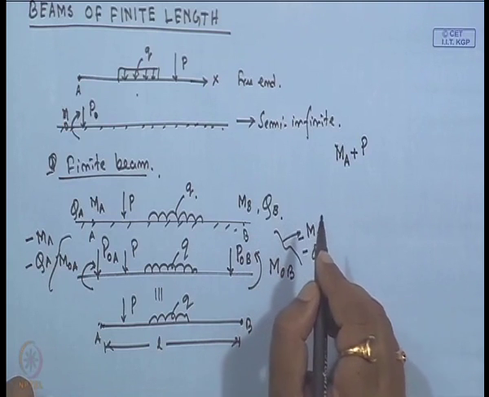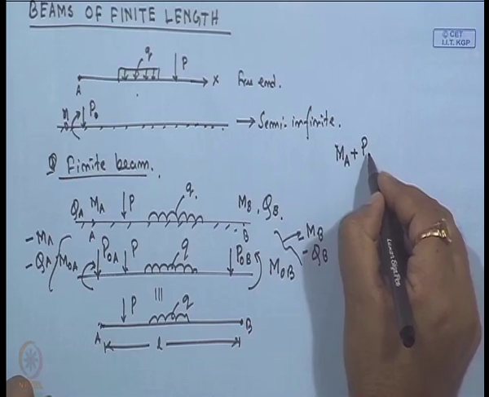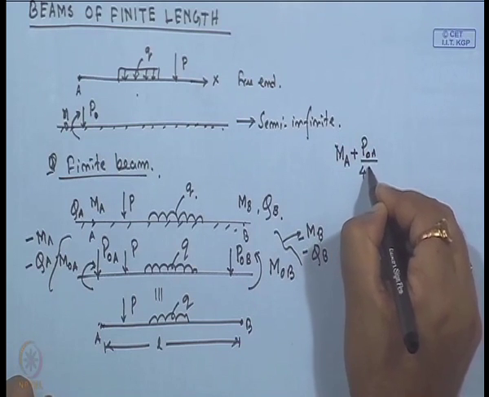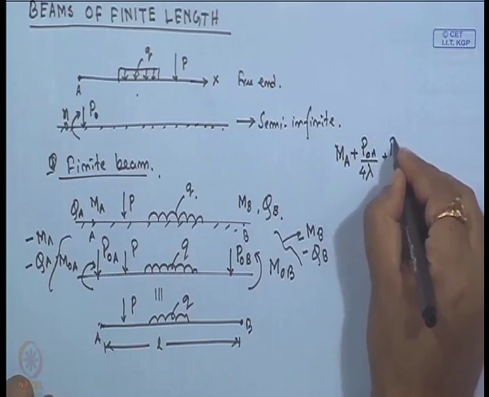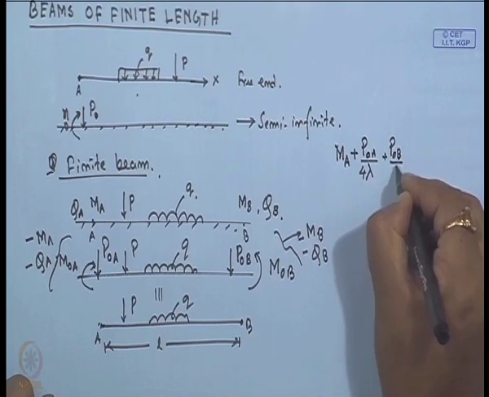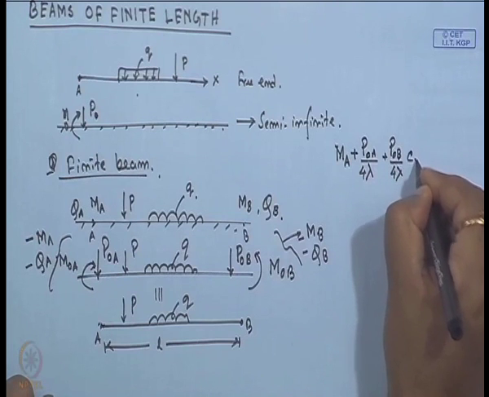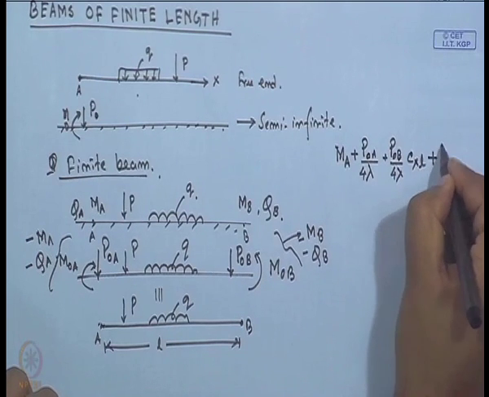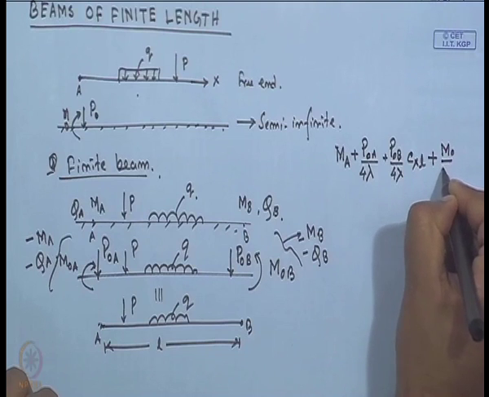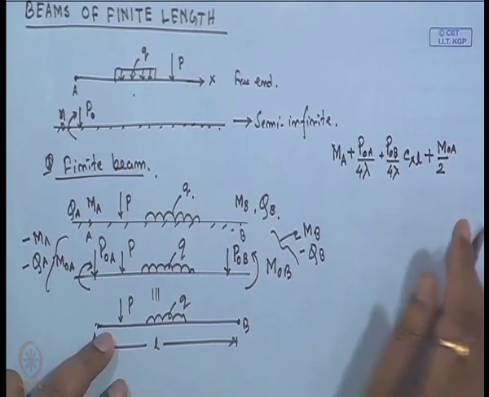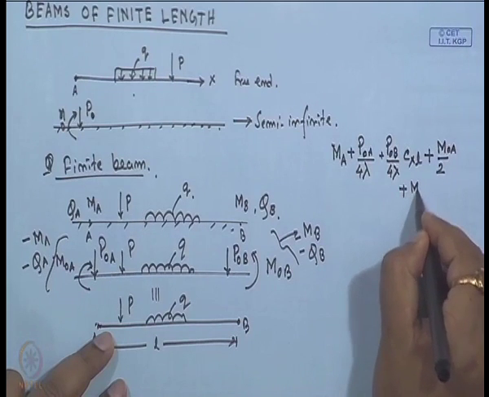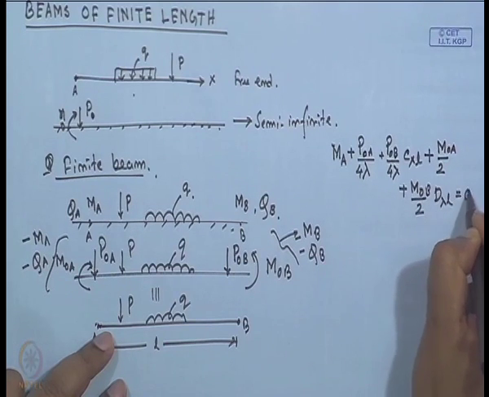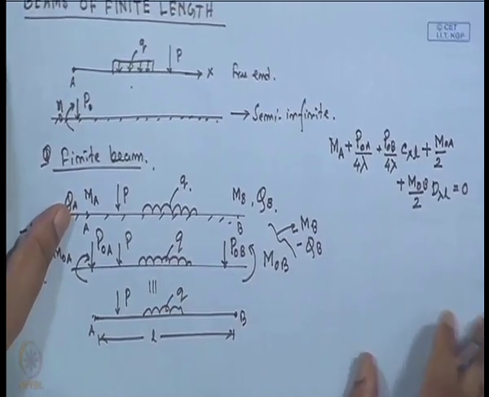That expression is MA plus P0A by 4 lambda plus P0B by 4 lambda C lambda L, where L is the length of the beam, plus M0A by 2 plus M0B by 2 D lambda L, that is equal to 0. So this is one expression.